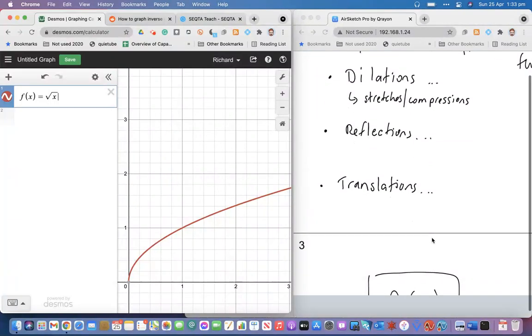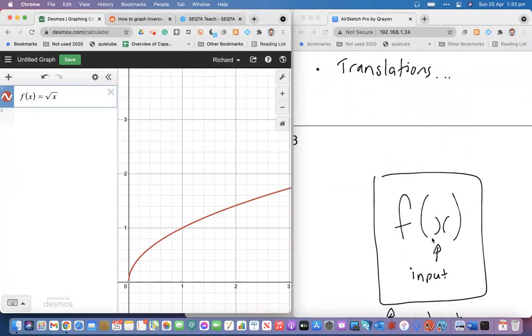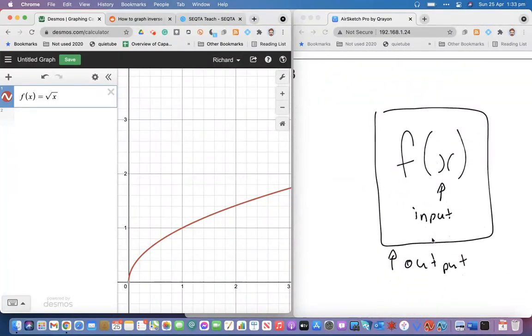Okay, transformations affect one of two parts of the function. So if you think about it, there are two parts to a function. There is the input, whatever you're putting into the function, which is normally x. And then the whole of the function is what is output.